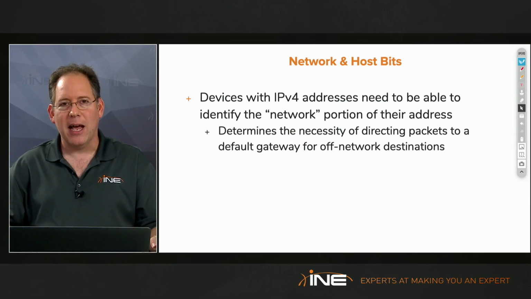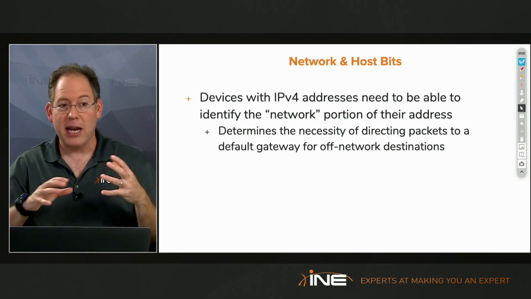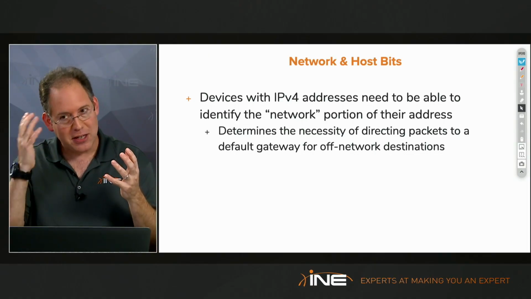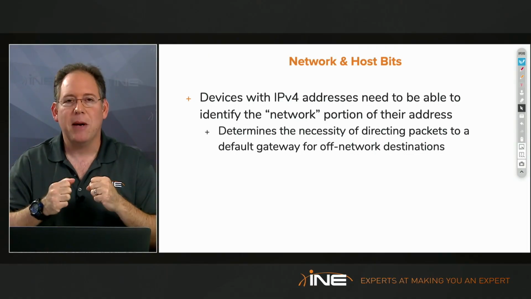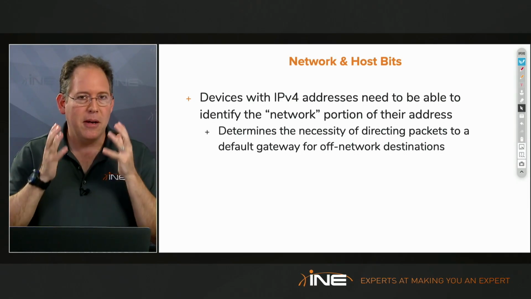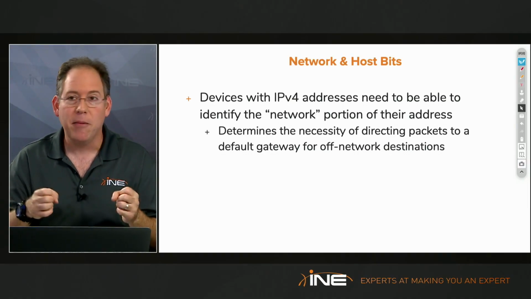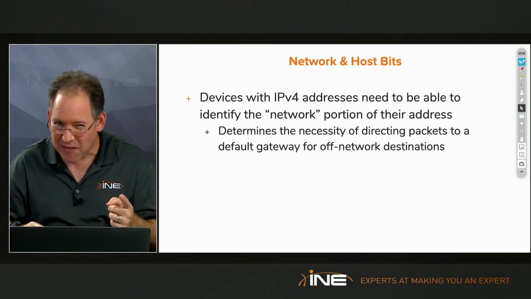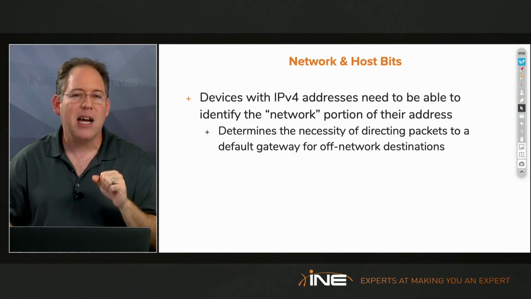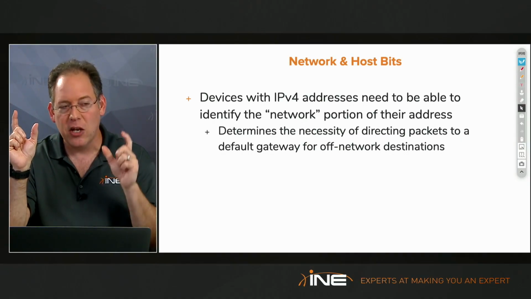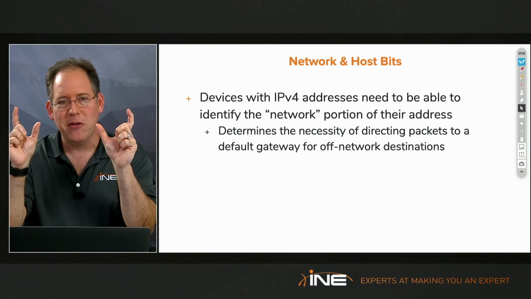Once it's able to do that, that will help it determine, okay, now that I've created an IP packet, I'm going to compare the destination with the source, with myself. So anytime a laptop, PC, or smartphone creates an IP packet, and it might be creating thousands of IP packets every second, every time it creates one, it compares the destination IP address with its own source IP address.